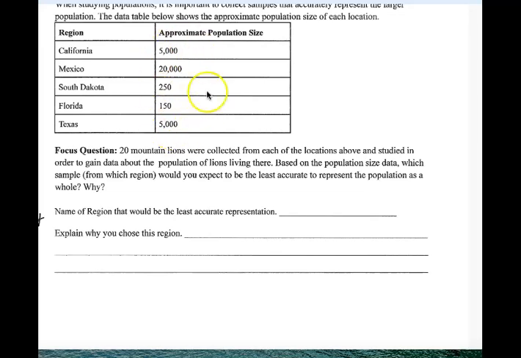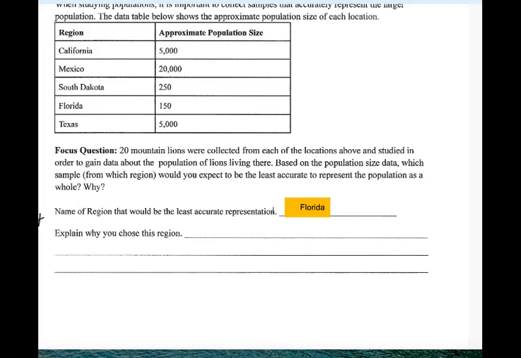So which one of these would be least accurate? Hoping that somebody in the room is saying Florida and not just sitting there waiting for me to do all the work since I've already passed the test. All right, Florida. Why Florida?